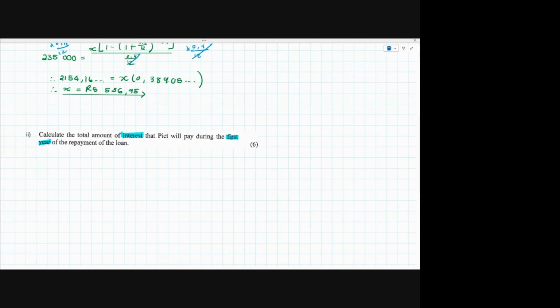Now, there are a lot of different ways that you can do this. And if you would like to see some other ways, this was 2017's paper. You can go and look at the memo alternatives. I think there were 3 different memo alternatives that were presented. The way I'm going to do it, I think, is the easiest way because there's literally 4 steps that you need to remember and follow, and you will be fine for every single question that asks you about interest.